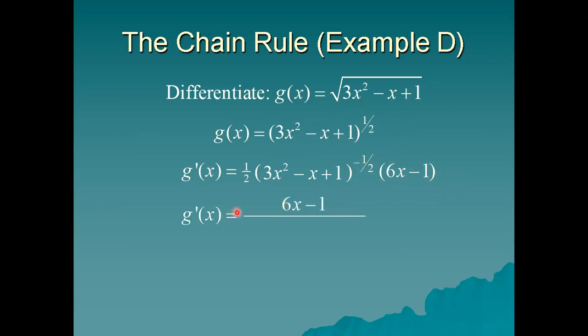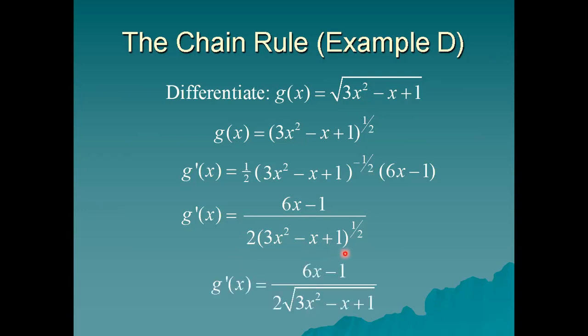After that, we simplify: 6x minus 1 for the numerator, and we place the negative exponent in the denominator together with 2. So that's 2 times the quantity 3x squared minus x plus 1, raised to the power of 1/2.